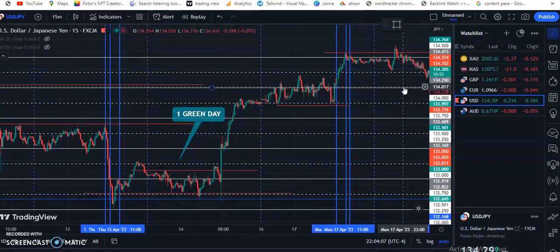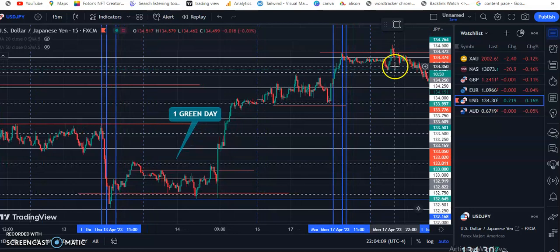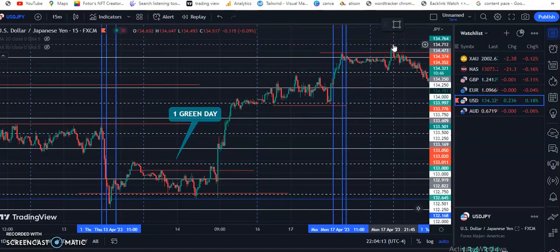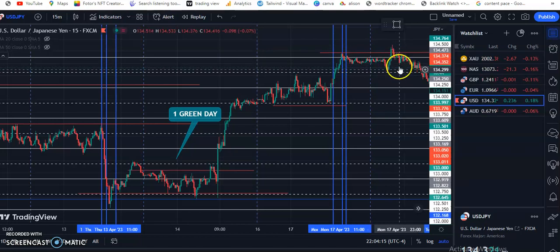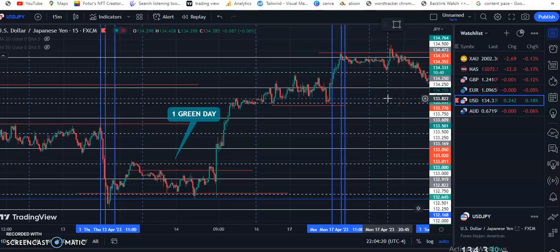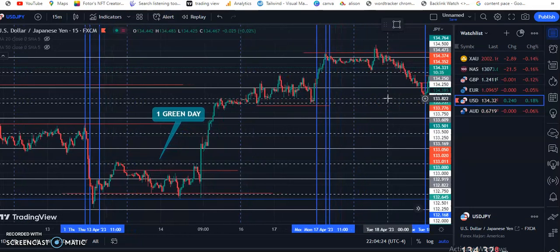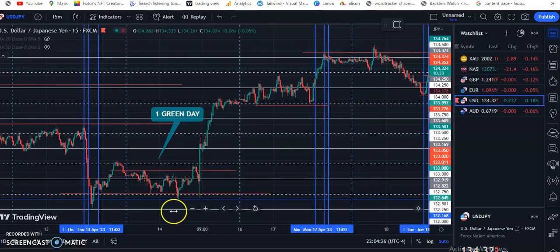Well, the market gave us a pump to the high during the Asian session, then broke structure and continued breaking down. Okay, so before even the first hour begins, this is a broken down market.